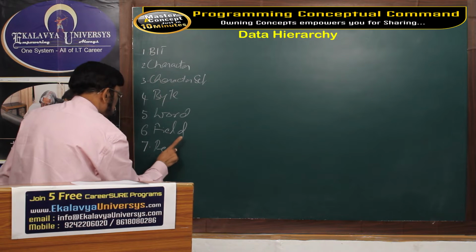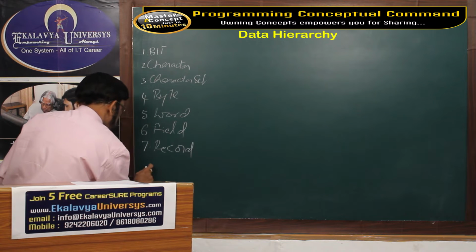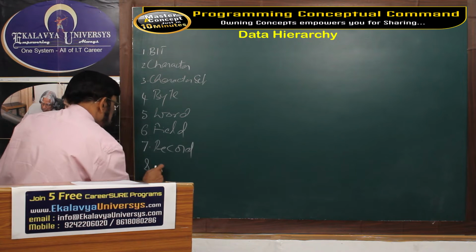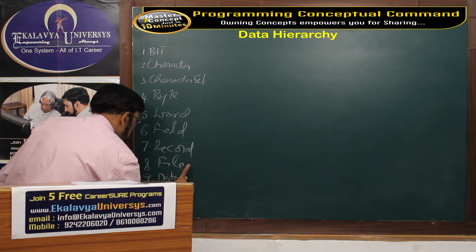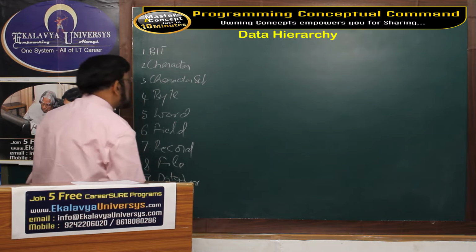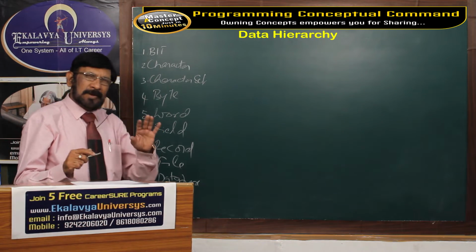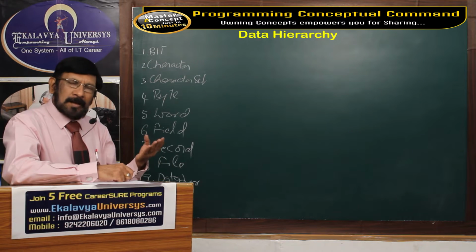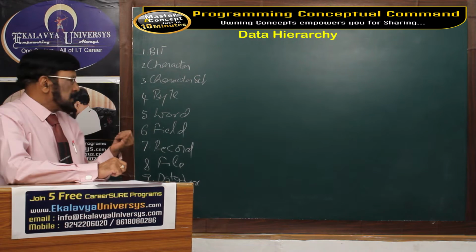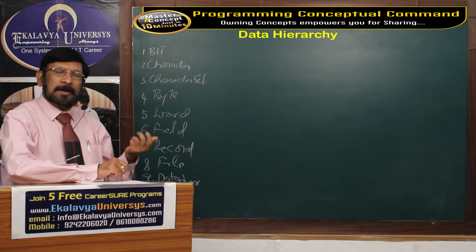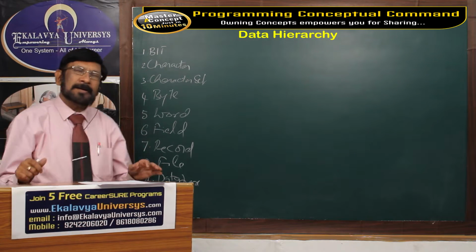Seventh one is record. Eighth one is file. Ninth one is database. In this manner, you have to remember. Now I give a brief explanation. Bit, character, character set, byte, word, field, record, file and database.